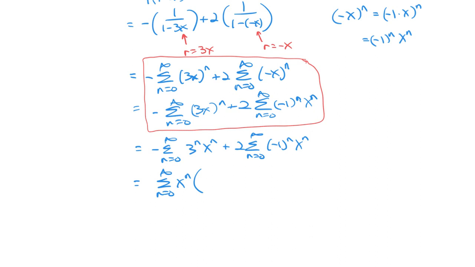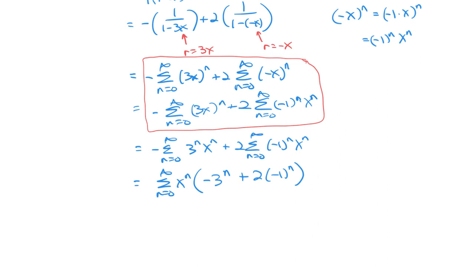So for this first series, we're going to have a negative 3 to the n. Then for the second series, we're going to have a plus 2 times negative 1 to the n. So in the back of the book, you may see something like this on these kinds of problems. It's really the same as what we've got. Either way, you can do this if you want to, but you don't have to. There are different ways you can write these.